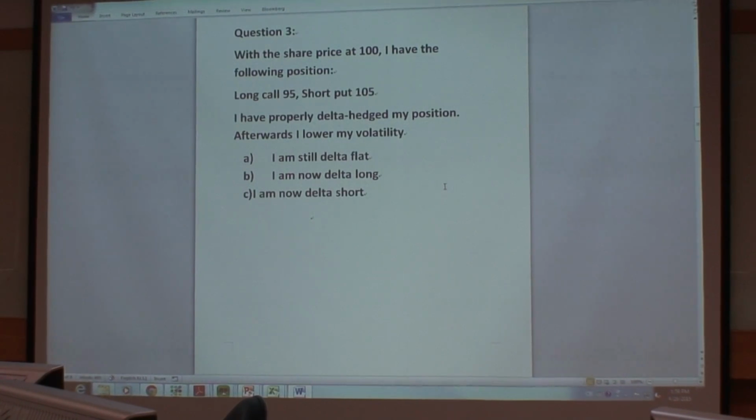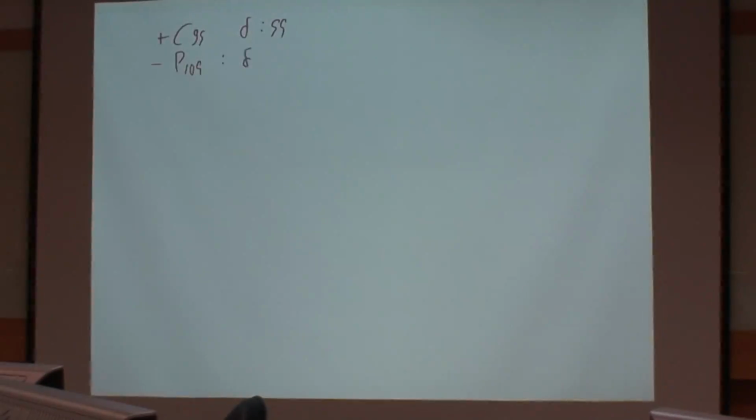So long call 95, delta 55, short put 105, delta minus 55, so my delta is long 110, so my hedge is sell 110 shares.